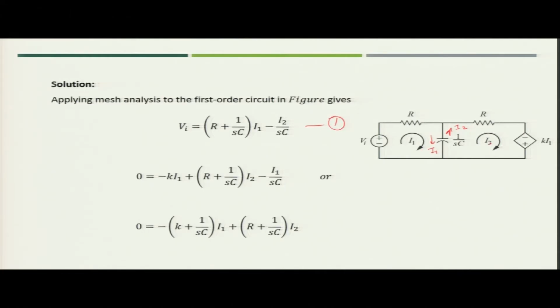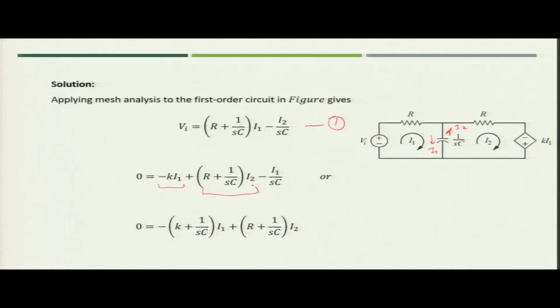Similarly, for loop 2, what will you write? Since I2 is flowing in the opposite direction, starting from minus to plus, you will get the dependent voltage source value as minus K I1, then plus R plus 1 by Sc multiplied by I2, because I2 is flowing in these two.